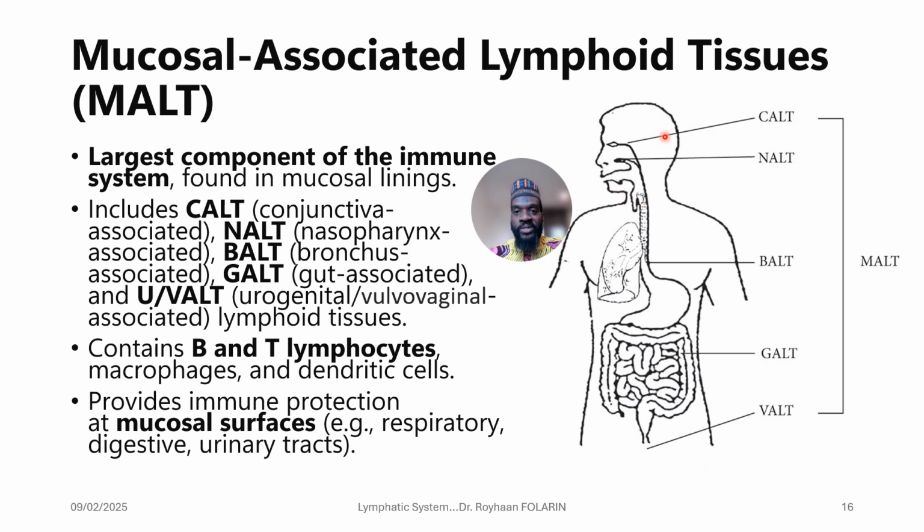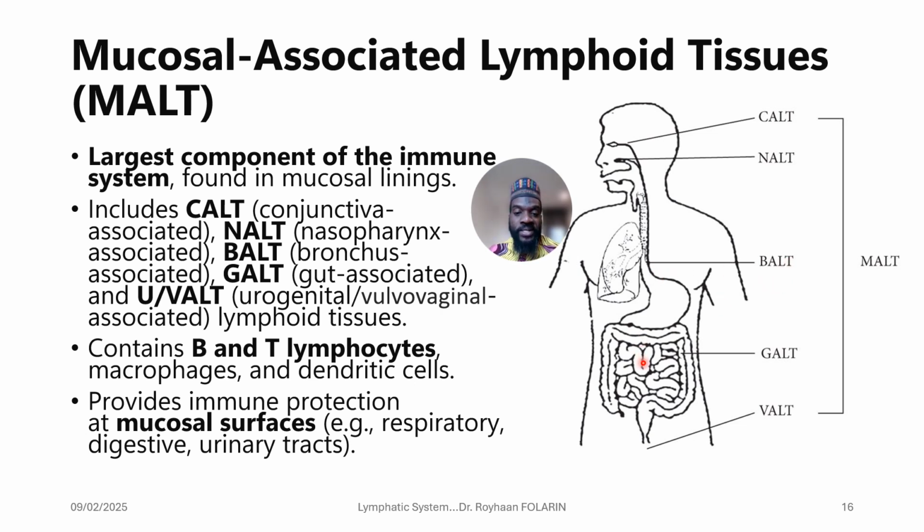So that's why MALTs are categorized into different subtypes. You find some around the conjunctiva of the eyes, known as the conjunctiva-associated lymphoid tissues, CALT. You also find some others at the nasopharynx, known as the nasopharynx-associated lymphoid tissues. Those you find at the bronchial region are given the name bronchus-associated lymphoid tissue.